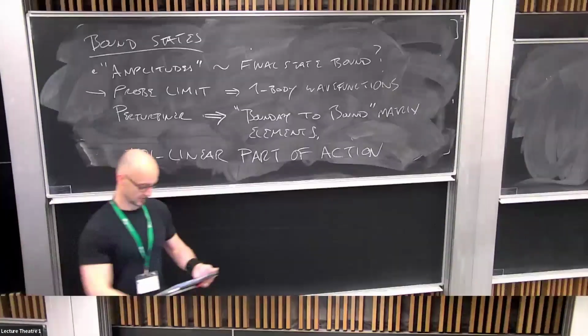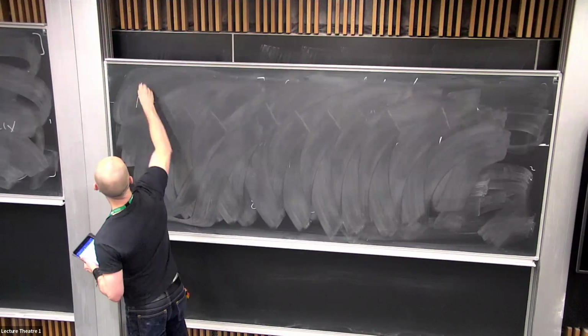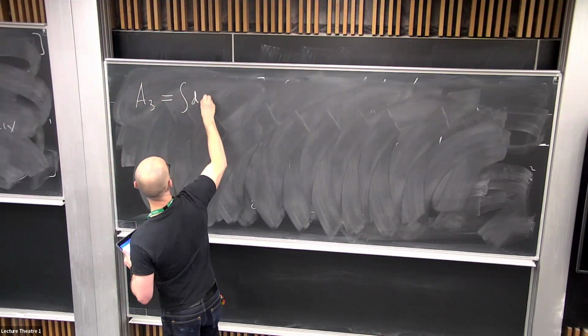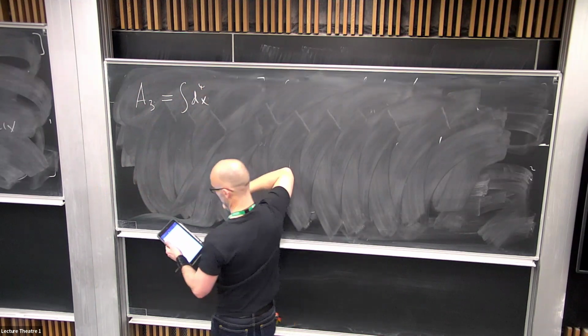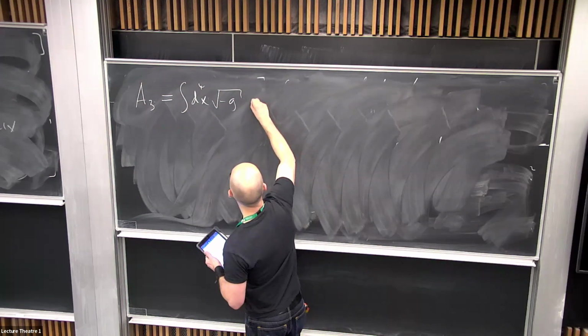Again, if you just think about some gravitationally coupled scalar, then d4x square root minus g, and so on.